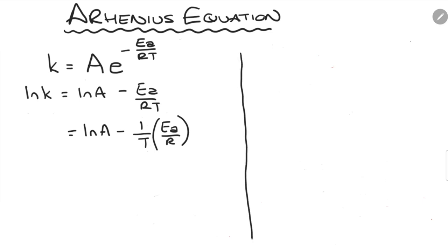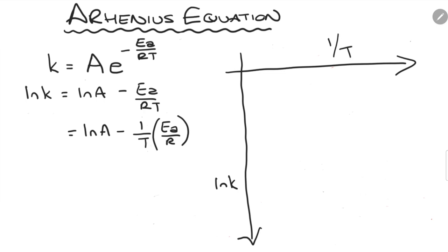It wouldn't be a surprise to see negative scales sometimes, and we would see ln k on the y-axis, and we would plot 1 over T on the x-axis.